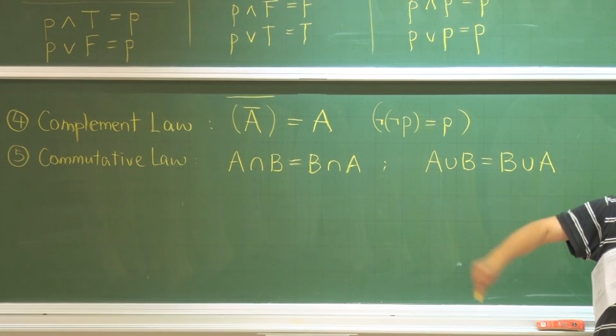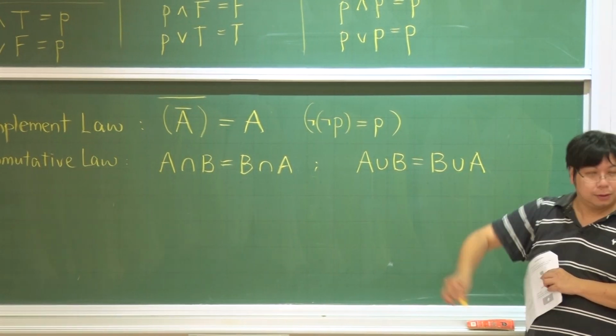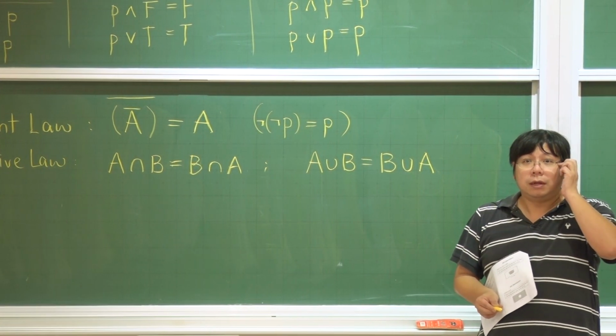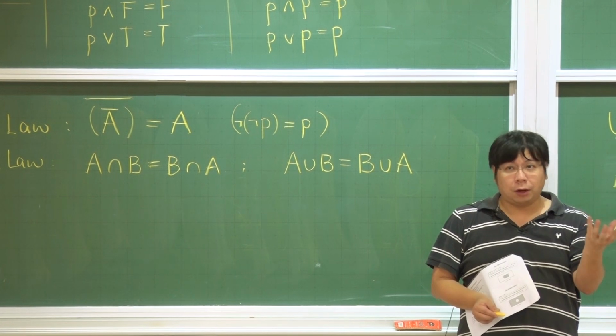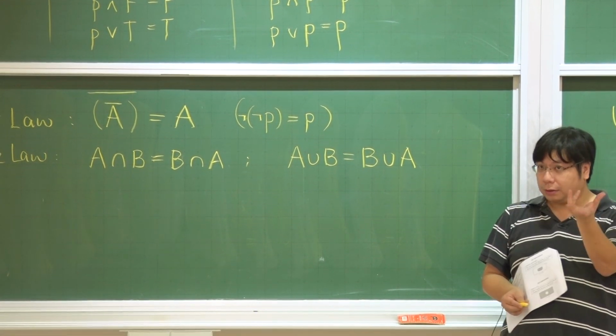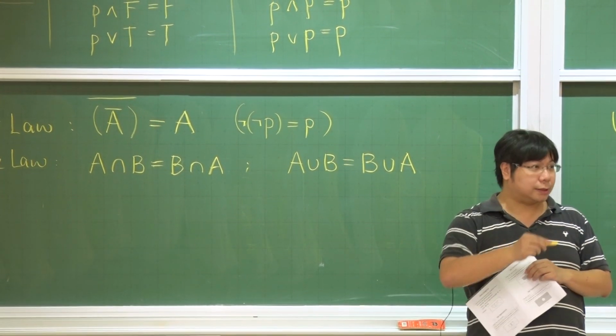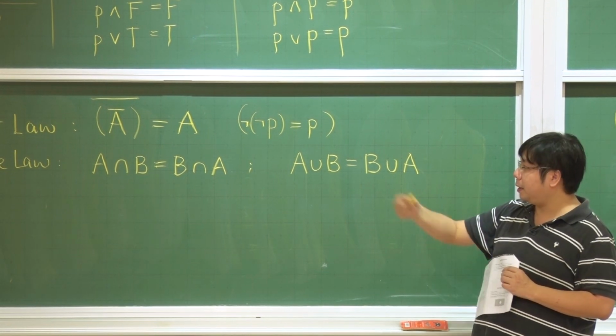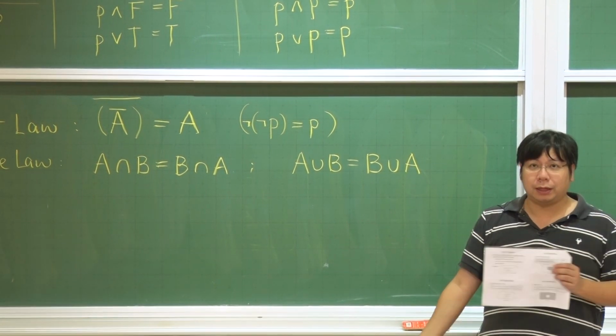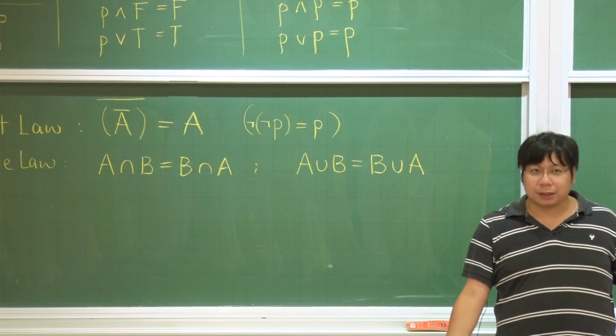Notice that somehow we still need to write down this very simple law. It's not obvious that after you apply an operation, the ordering does not matter. So A union B must always be equal to B union A. So think about matrix multiplication.